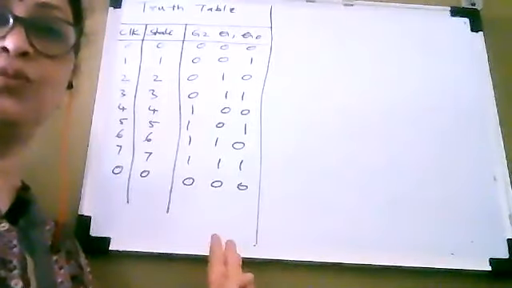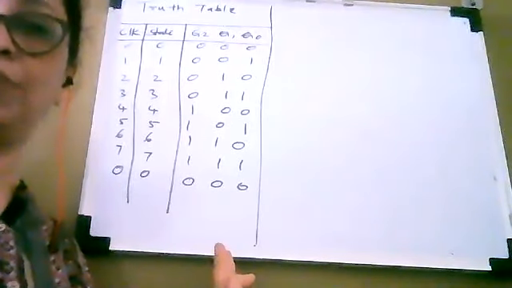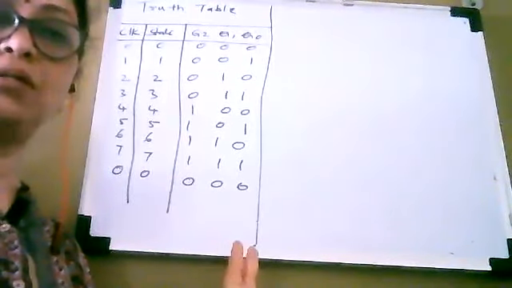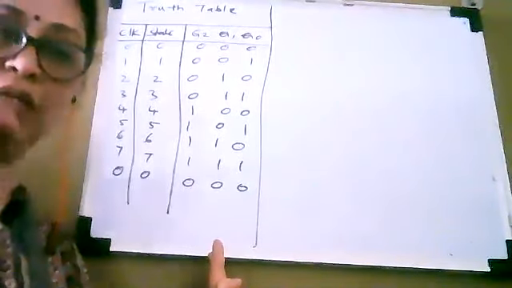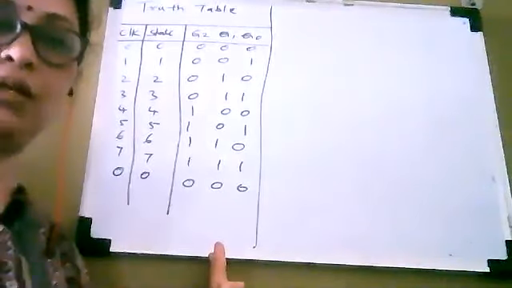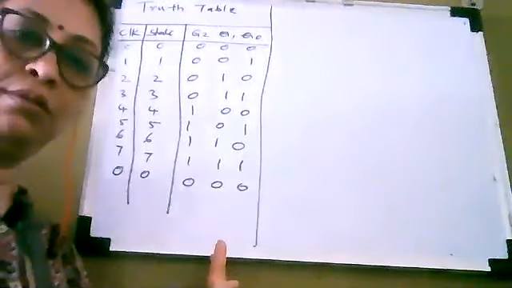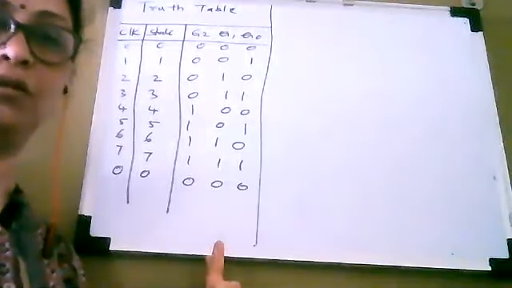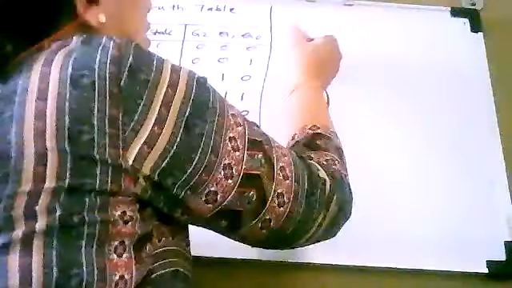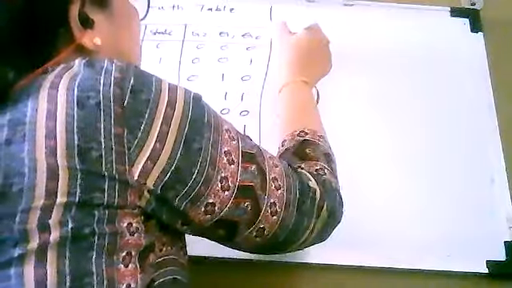Using this truth table, you must be able to draw a timing diagram. Again, it will be the same as that of your asynchronous counter. So you can see the output of both is the same, but the concept or logic used here is different. Let us draw a timing diagram.